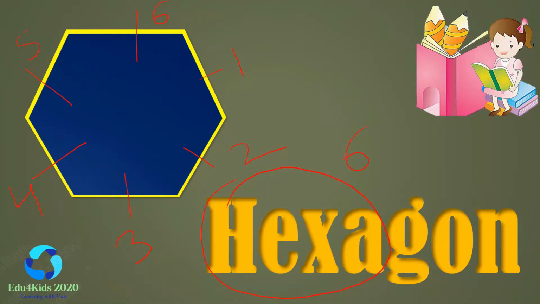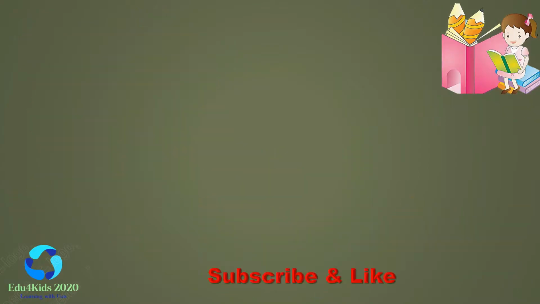So you can remember easily. If hexa is there, it means 6 sides. So you can easily remember the name and the shape. So hexagon have 6 sides. They can be equal or unequal. Okay, let's move to the next.